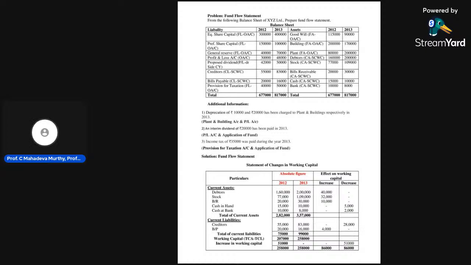On the asset side: goodwill, building, plant, debtors, stock, bills receivable, cash, bank. With the help of that, additional information is also provided, and we need to prepare the fund flow statement.